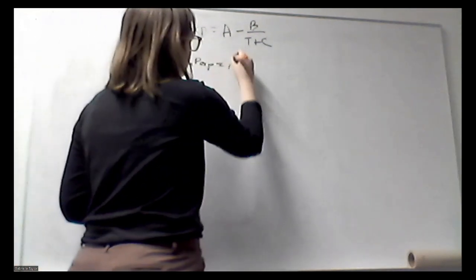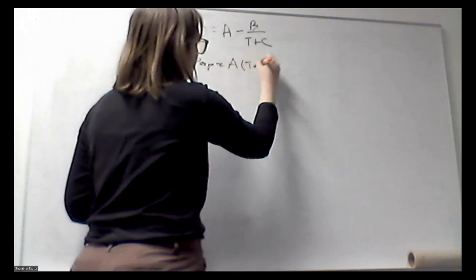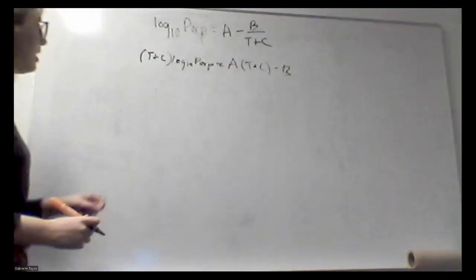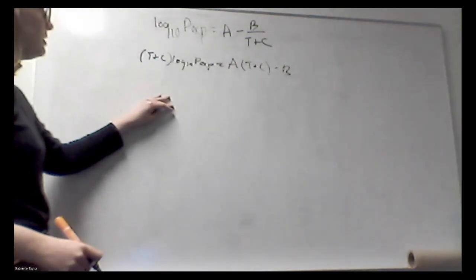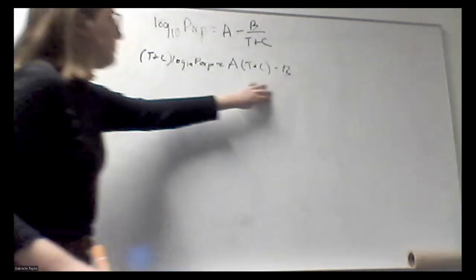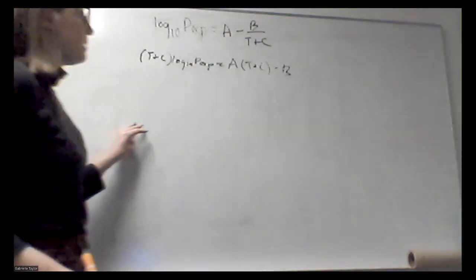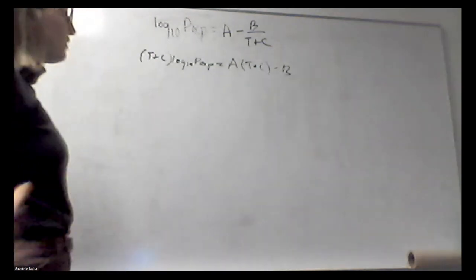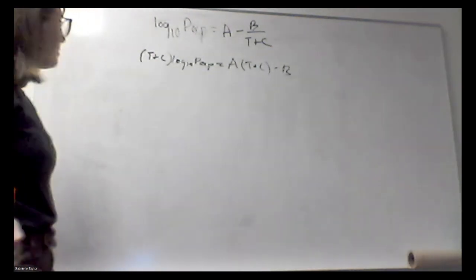And then on this side, it's going to be a times t plus c minus b. Okay, so what we want to do is, now that we have everything by itself and we have our variables a, b, and c, let's multiply everything out and then let's separate our variables according to the matrix.